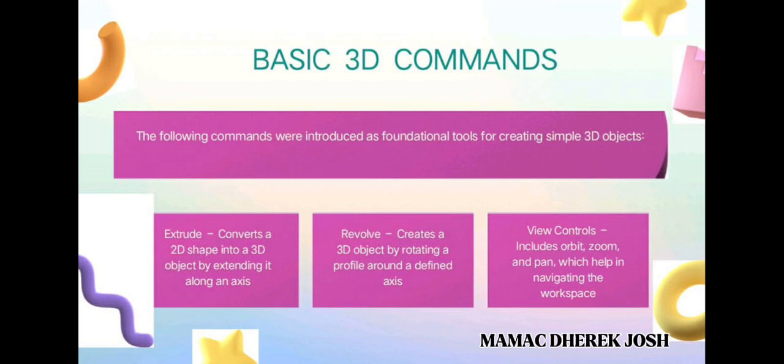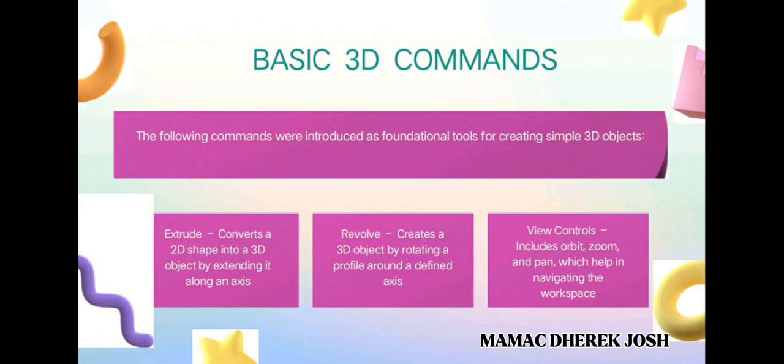So, the next one is arita sa revolve. So, unsa ning revolve day? Spinning to create shape. So, kaning revolve day kay na-create ni siya 3D geometry in a total different way. Creates a 3D object by rotating a profile around a defined axis.